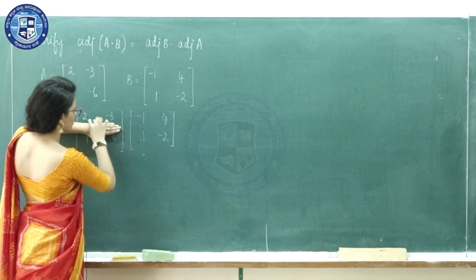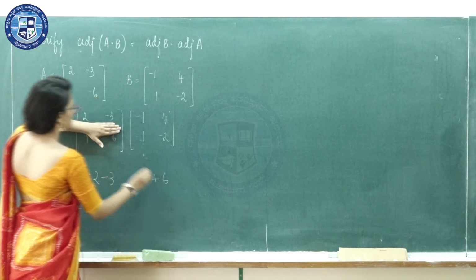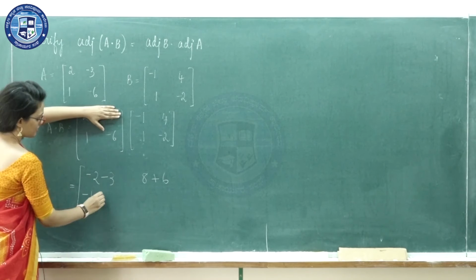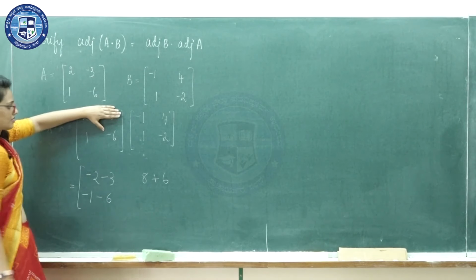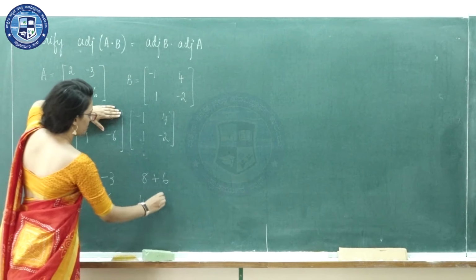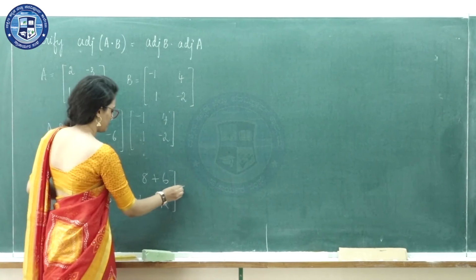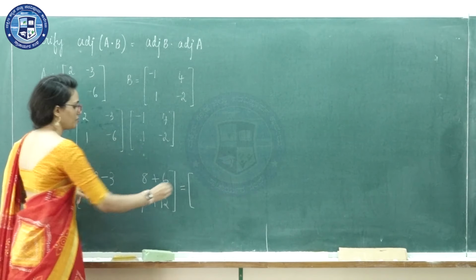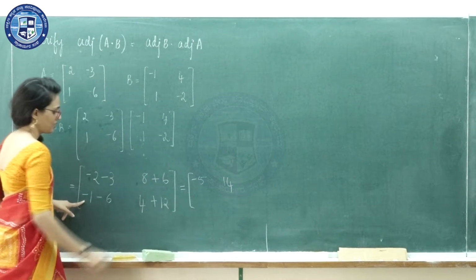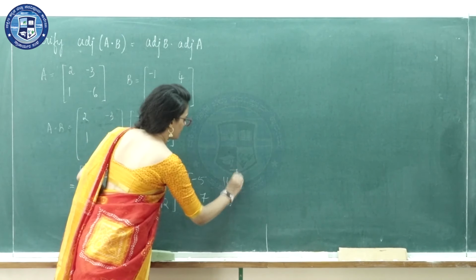Next term, this is 2 into 4 is 8 plus 6. Next term, minus 1 minus 6, and the next term 4 plus 12. So, this is equal to minus 5, 14, minus 7 and 16.